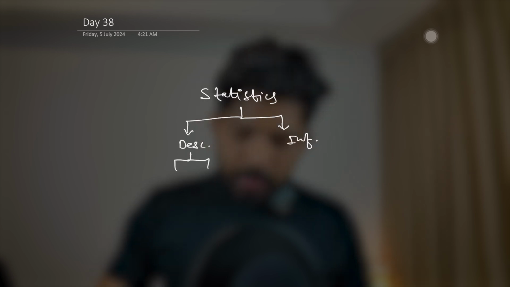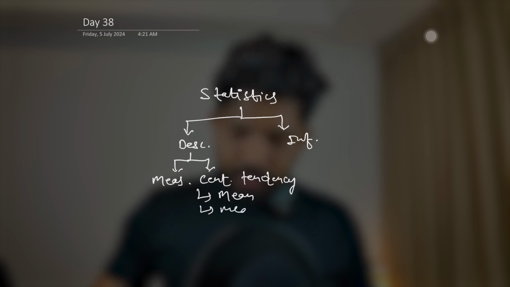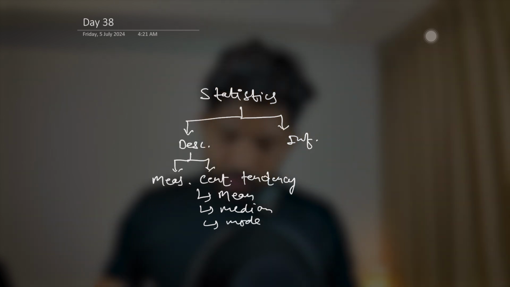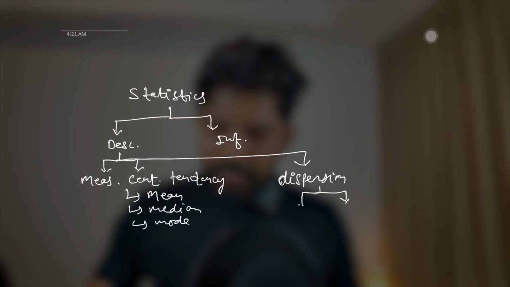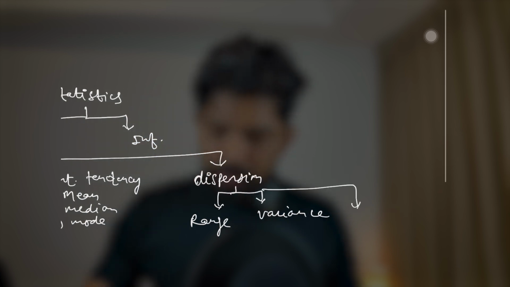Then in descriptive we covered the measures of central tendency, in which we covered the mean, median, mode, and other centrality measures, right? And also we have covered the measure of dispersion, in which we cover the range, variance, standard deviation, right? And we have seen the various types of analysis, that is univariate, bivariate and multivariate.